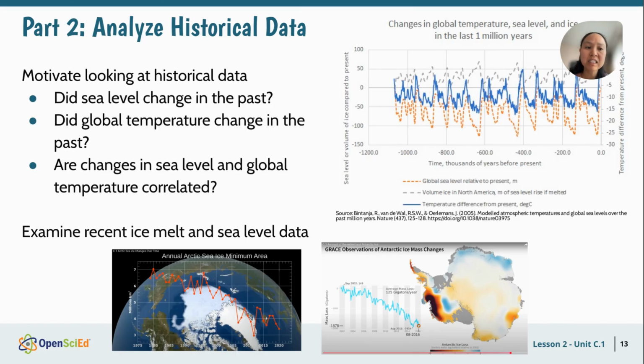We see these cyclic patterns where there's a positive correlation between global temperature and sea level rise in orange, and a negative correlation between volume of ice in gray and sea level, again in the orange. And it's a cyclic pattern because we see that, for example, global temperatures would decrease then increase, and then go back down and up again in a cyclic manner.